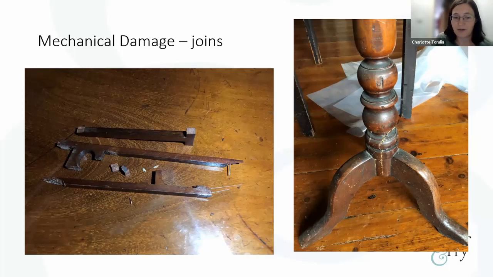particularly high temperatures, because it can cause things like adhesives to soften and break apart. So if an object has been mended, or even if it's in its natural form, adhesives are used to create objects. If it gets very hot, the adhesive can soften and things can start to break apart.